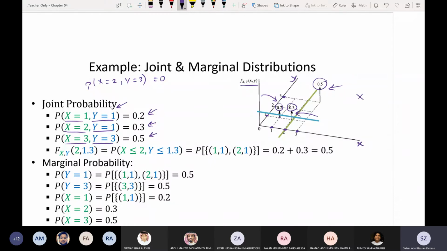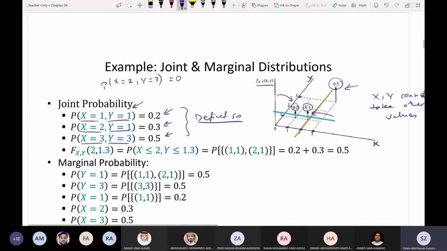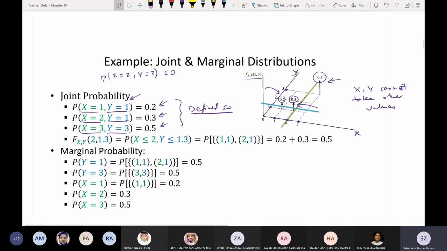So x and y cannot take other values. Why? Because this is by definition. We defined the two random variables accordingly. I could give you another example that might be different, but this is defined so.